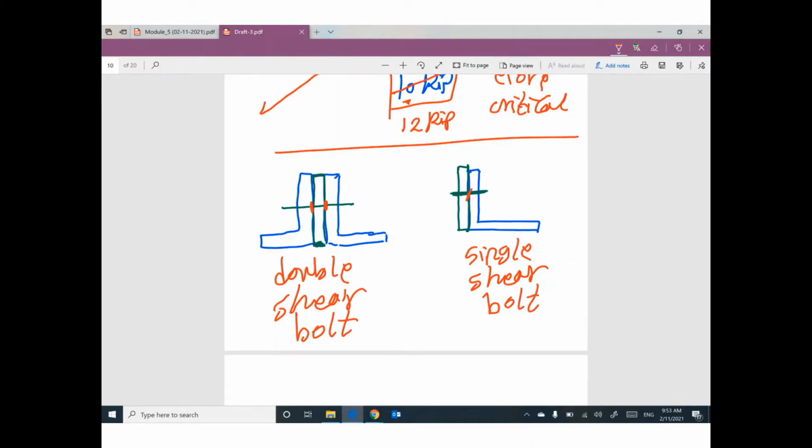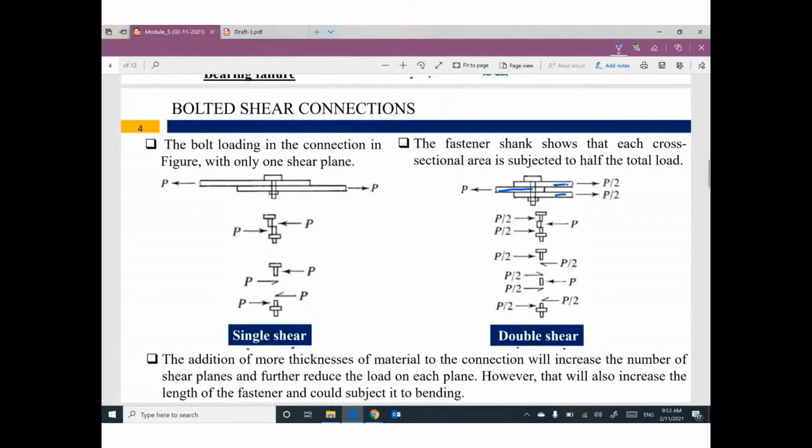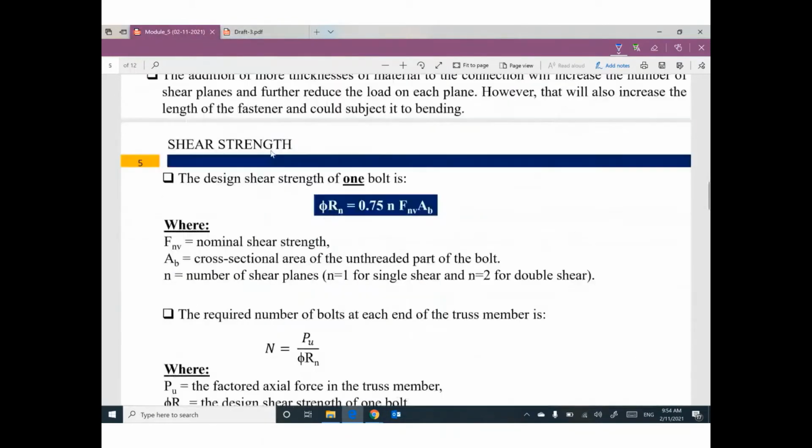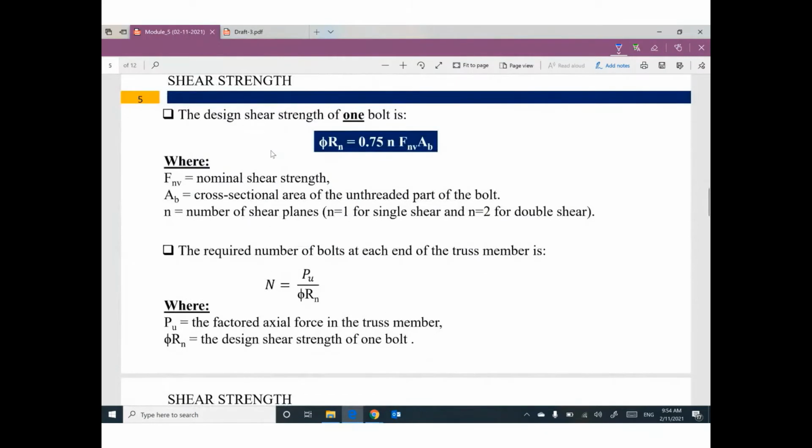So please be careful. Sometimes your connection or your bolt can be considered single shear or sometimes double shear. Is it important to understand this point? Yes, it's very important. We need to design. I need to figure out how many bolts I need. It's very, very simple.